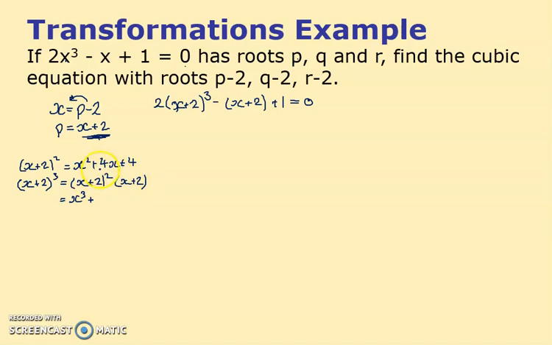x squared times that gives me 2x squared. 4x times x gives me 4x squared, plus 8x, and then 4x and 8. As I say, I think the binomial theorem, definitely, if I was doing this myself, I'd probably do that.